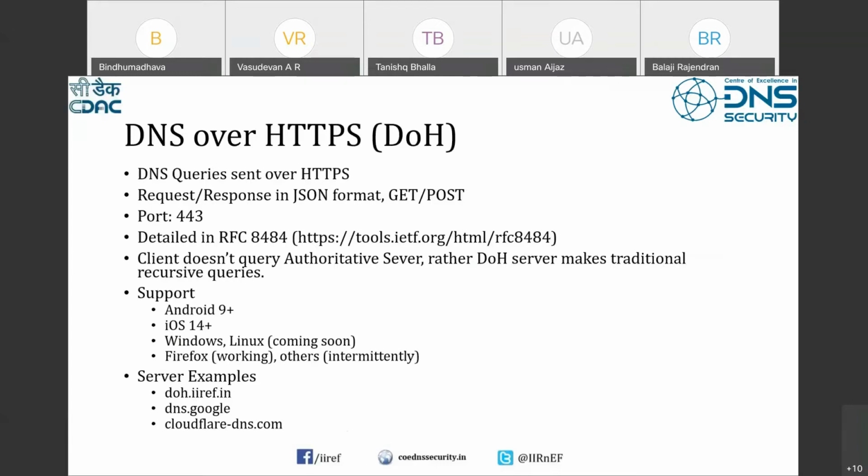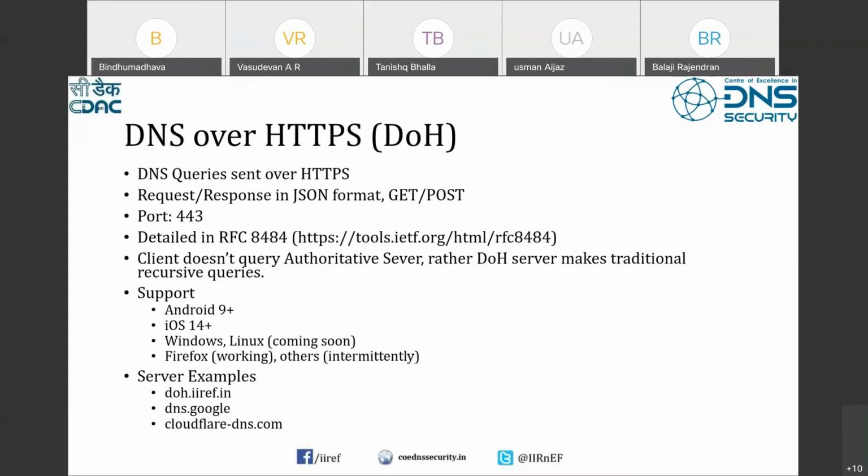So usually the request and response will be in JSON format, and both GET and POST methods can be used for retrieving a DNS response from the DOH server. And since it is working on HTTPS, it will use the usual port 443. The detail of DOH is there in RFC 8484.